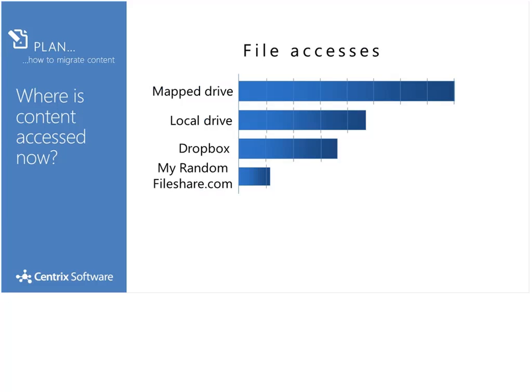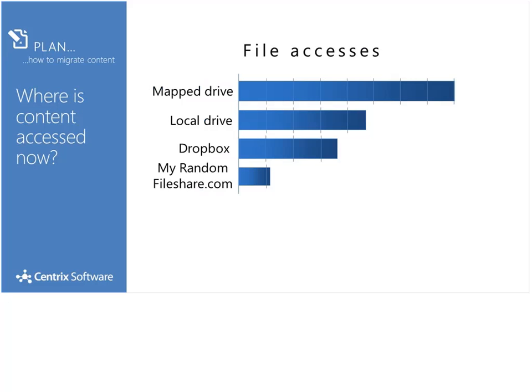The next important step that you will be interested in undertaking is looking at where your content is accessed from now, with the intent of moving it to the cloud. It's often fairly straightforward to understand that your content is stored in a number of different places and people access it from different locations.